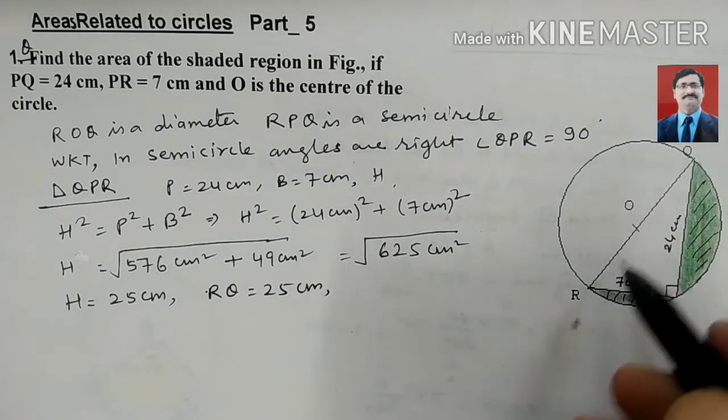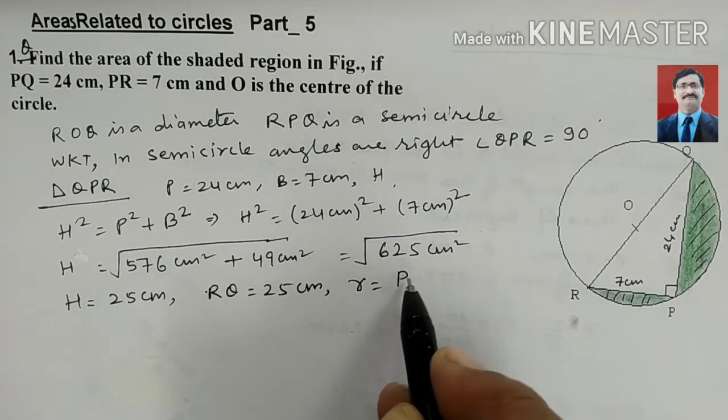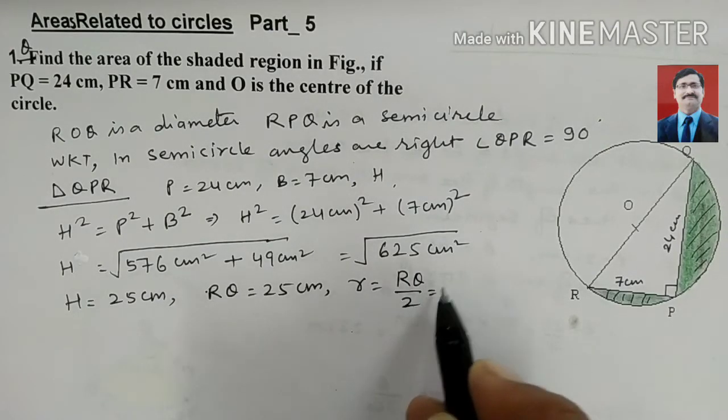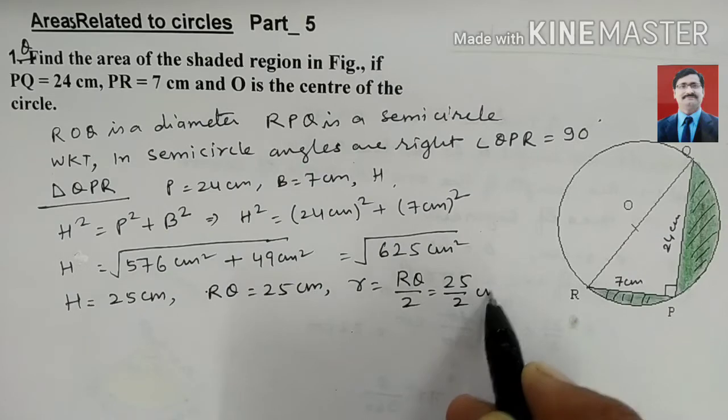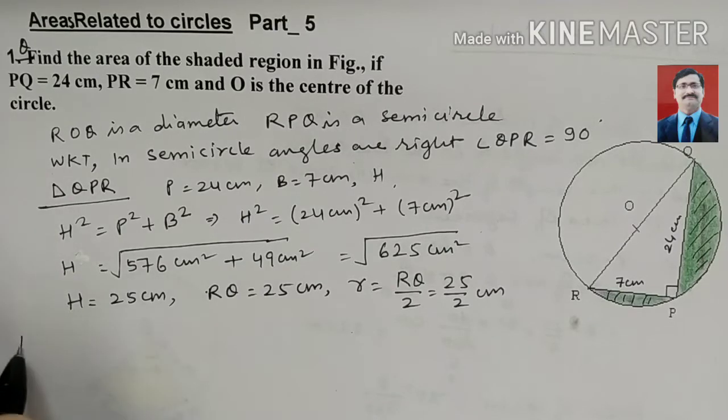Now to find the radius: radius is RQ upon 2, which means 25 upon 2 centimeter. Now we have to find the area of the shaded region.